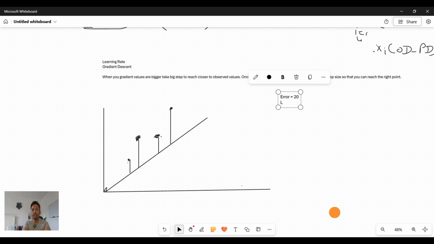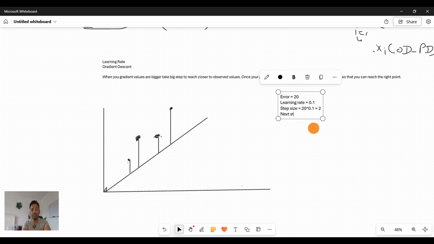And our learning rate, which is a constant we decide for the model, is say 0.1. Now our step size will be the error 20 into our learning rate 0.1, which comes out to be 2. So we can take a step of 2.